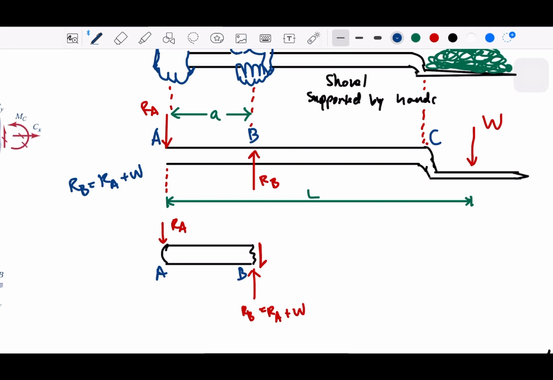And then let's imagine that inside the shovel, the tube, we have some distance, like maybe this is hollow.